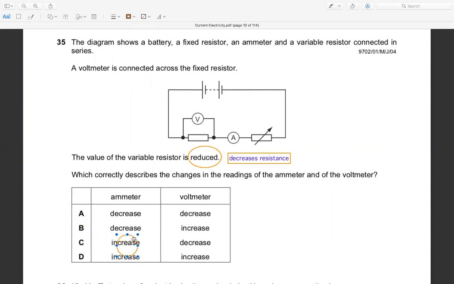so the ammeter reading will increase. But the voltmeter, we see from this formula, V equals I R, or I equals V divided by R. Because R decreases, I will increase.